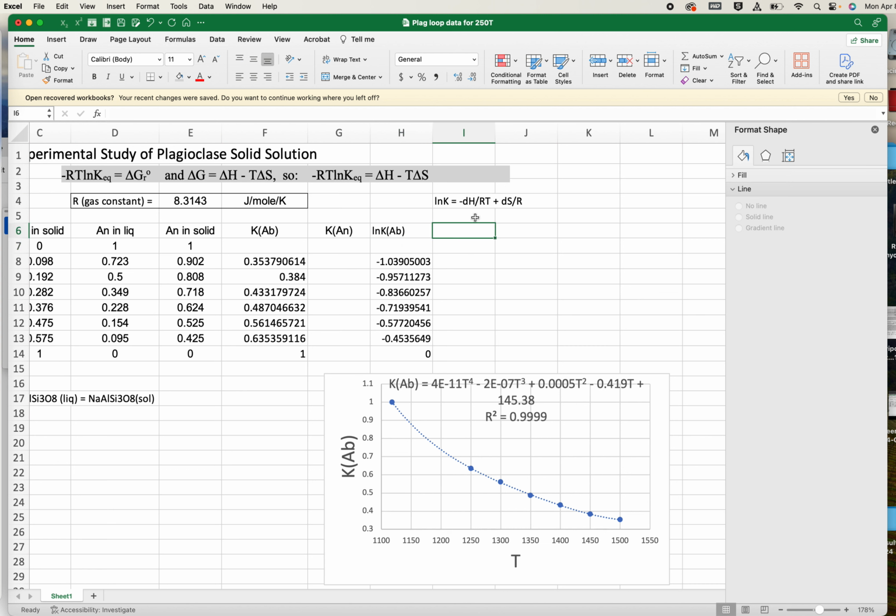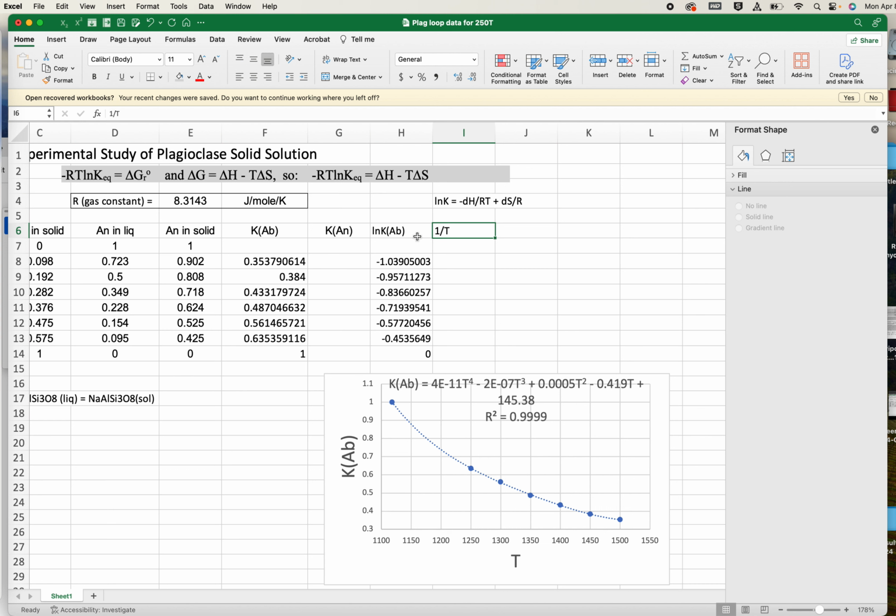And notice that our y here is effectively a 1 over T. So when we solve for ln K, we get minus delta H over R as our slope, and delta S over R is our b value, our y-intercept. So this is y equals mx plus b. What's the x? It's a 1 over T. So we want 1 over T here.